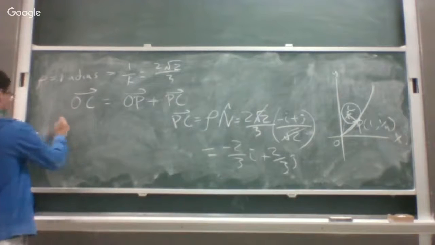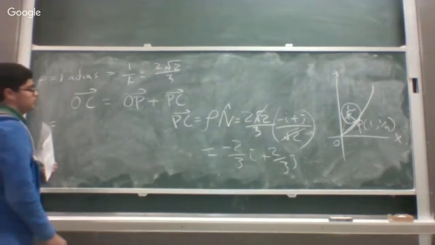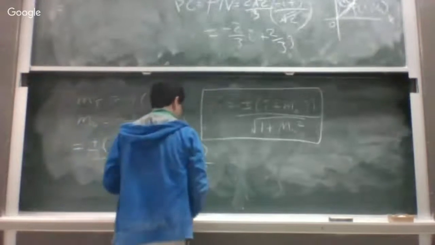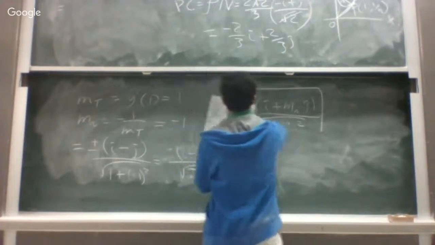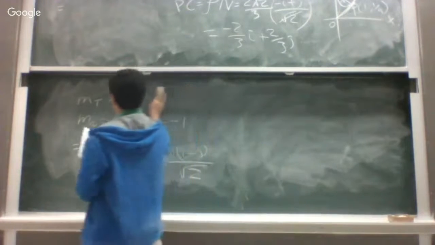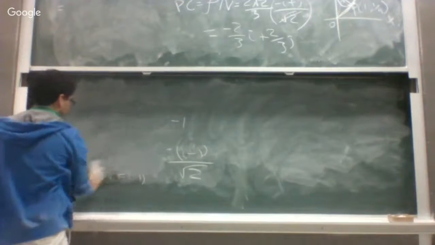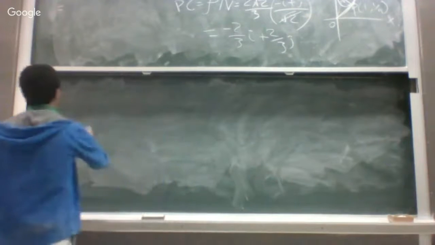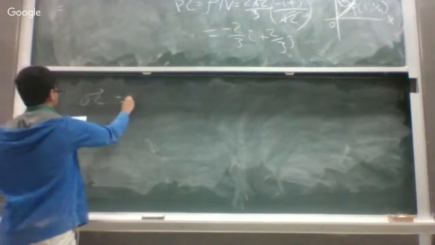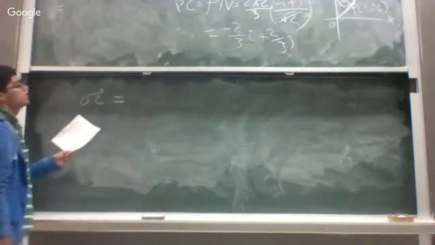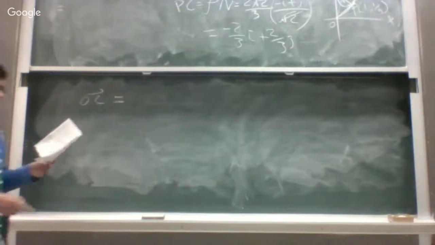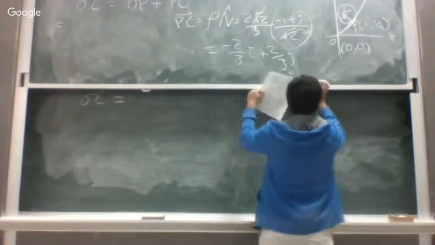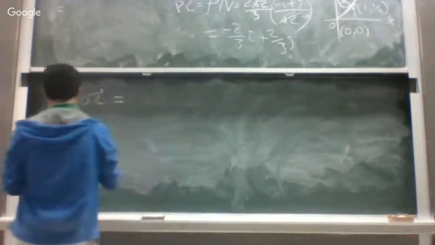So vector OC is equal to the vector OP. How do we get the vector OP? We have all the points from P and O. So it's the final minus initial.